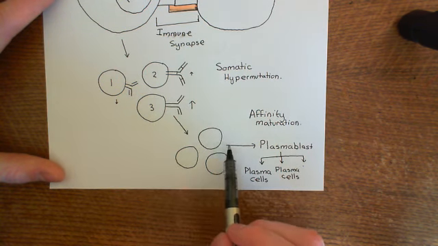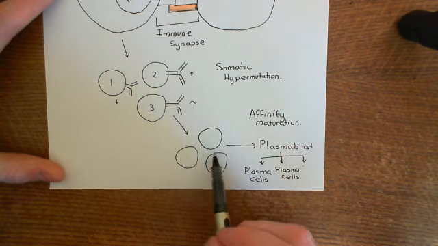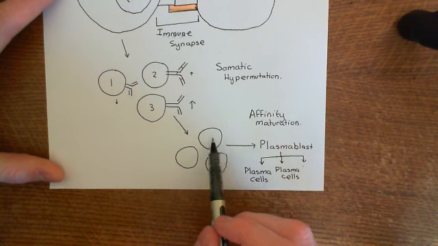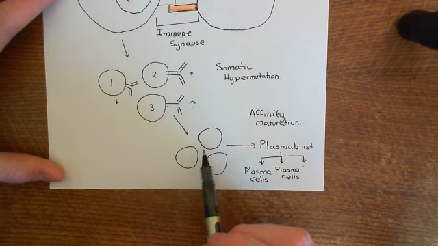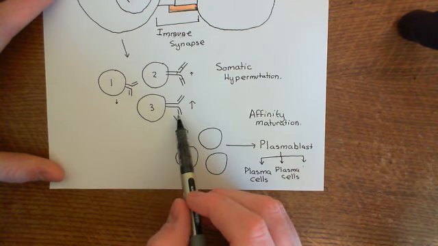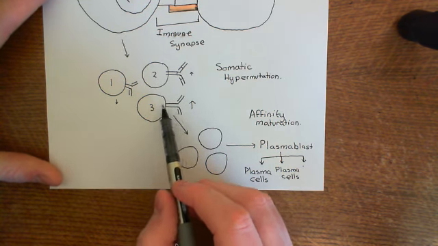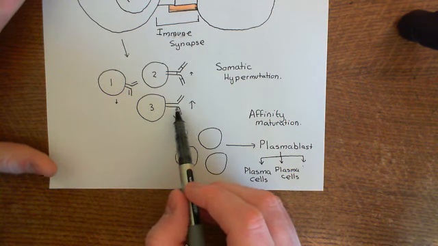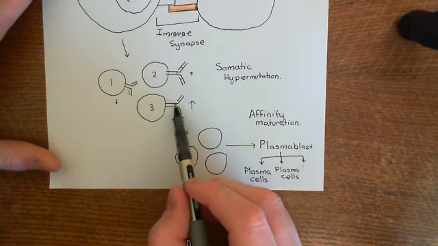Now it's also worth mentioning that during these rounds of affinity maturation, you'll also potentially class switch. So you can choose to change the immunoglobulin heavy chain constant region that you use.